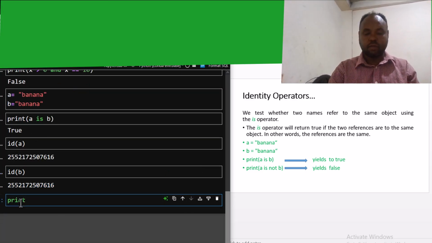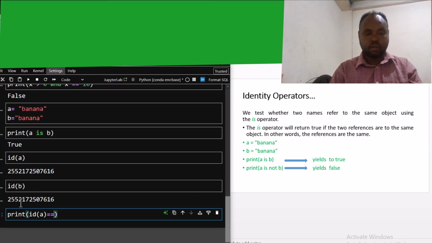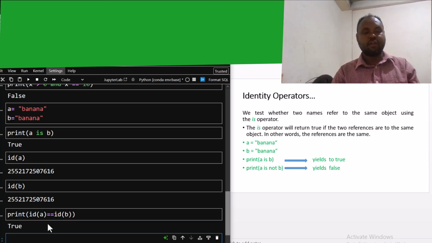Print ID of A, ID of B, true, right? So what Python checks is if the ID of the reference of A is equal to the ID of the reference of B, now the two references or variables refer to the same object or the same value. So these are nothing but identity operators.